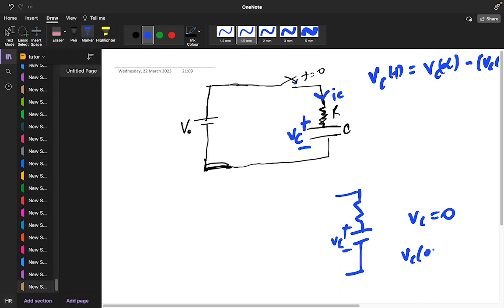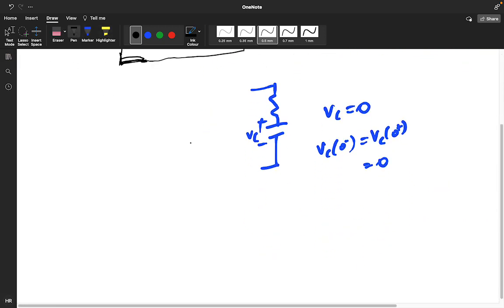Vc 0 minus is equal to Vc 0 plus is equal to 0.